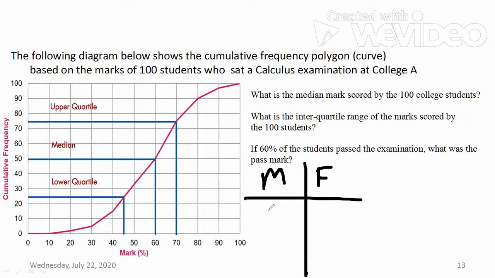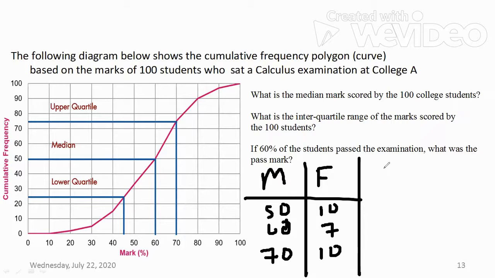Let's start with a hypothetical. Let's say 10% got 50, and then we have 60. Let's say 7% got 60. We have, say, 70. Let's say another 10% got 70. Now we have another column here called the cumulative frequency column.